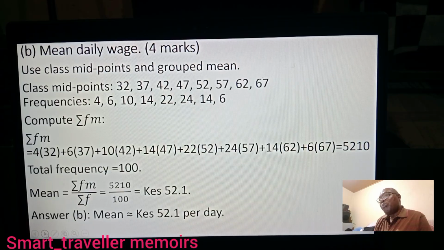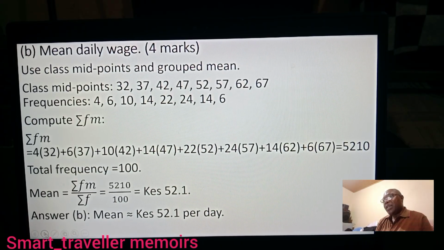And therefore, you compute sigma fm, where m is the midpoint and f is the frequency. In mathematics, this is the way you arrange it. So sigma fm is going to be 4 times 32 plus 6 times 37 plus 10 times 42 plus 14 times 47 plus 22 times 52 plus 24 times 57 plus 14 times 62 plus 6 times 67.